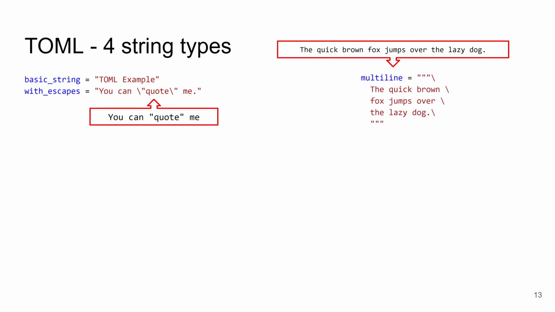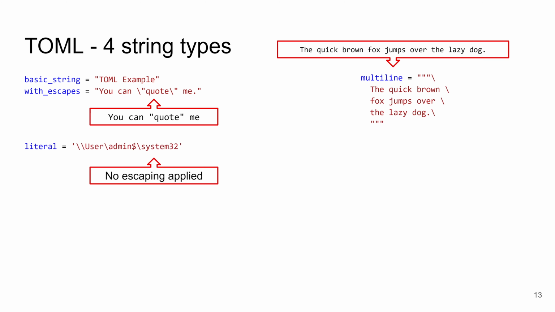If you want to use new lines in your string, you can use a triple double quote delimiter for that, and then the new lines are preserved in the value. In this case, however, the new lines can all be escaped using a backslash, which means that the resulting string is actually not a multi-line string, it is a single line string.